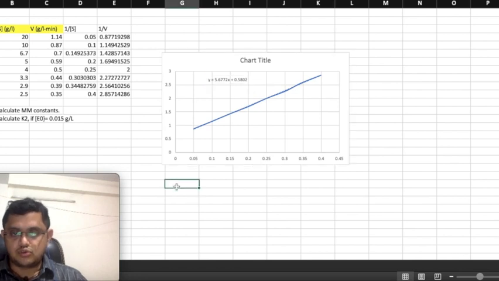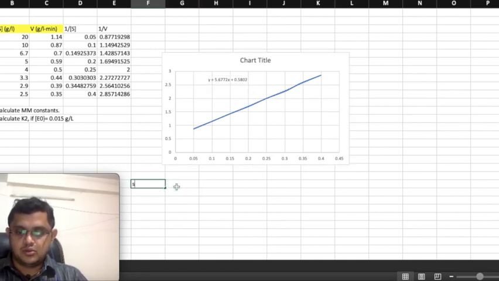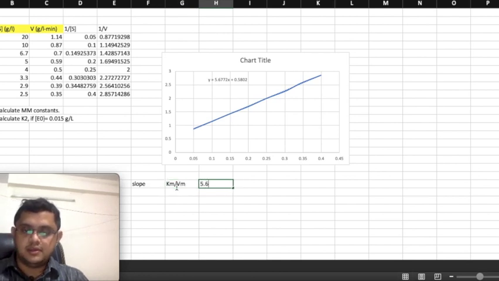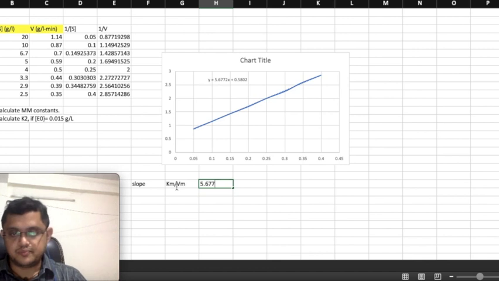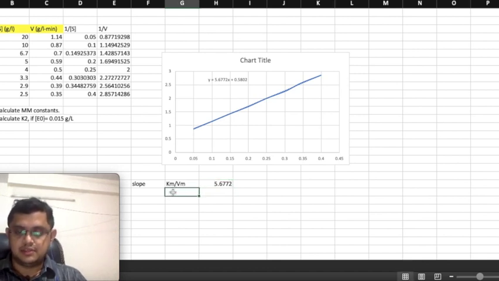So just the slope. What is the slope? We know that it is Km divided by Vm. So that is equal to, from this graph, 5.6772. Whereas your intercept, the C, that is 1 by Vm, so that is equivalent to 0.5802.